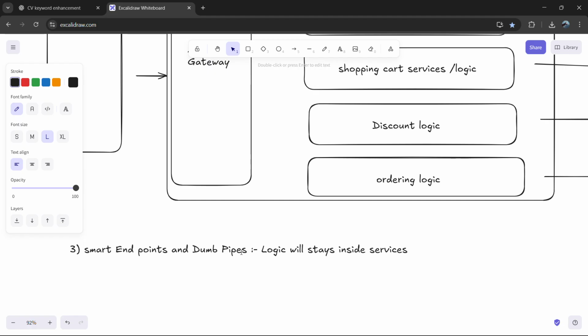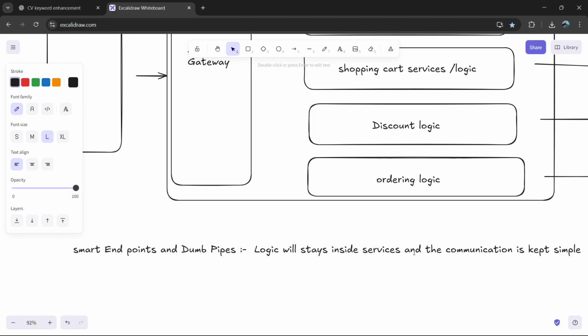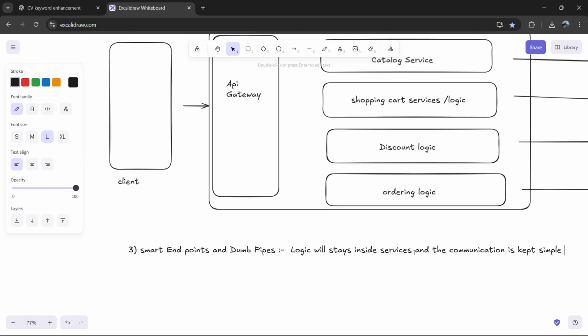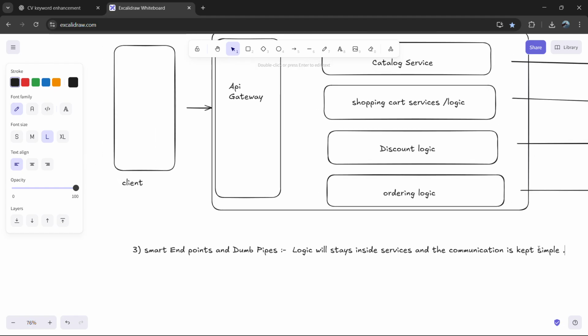The whole logic we will write to develop our services is inside our services part, and the communication is kept simple.